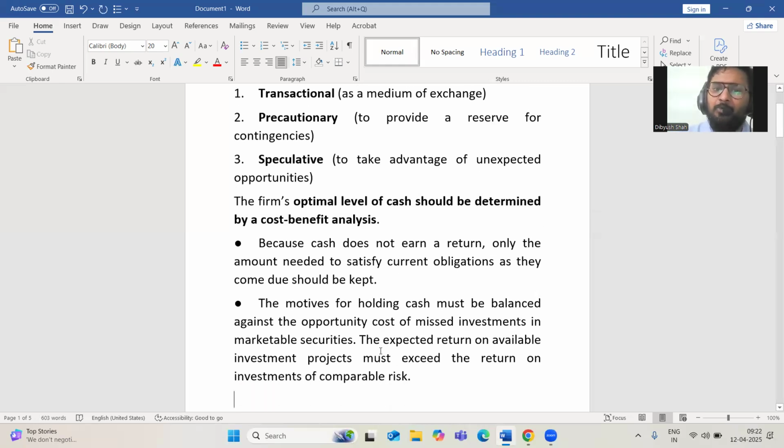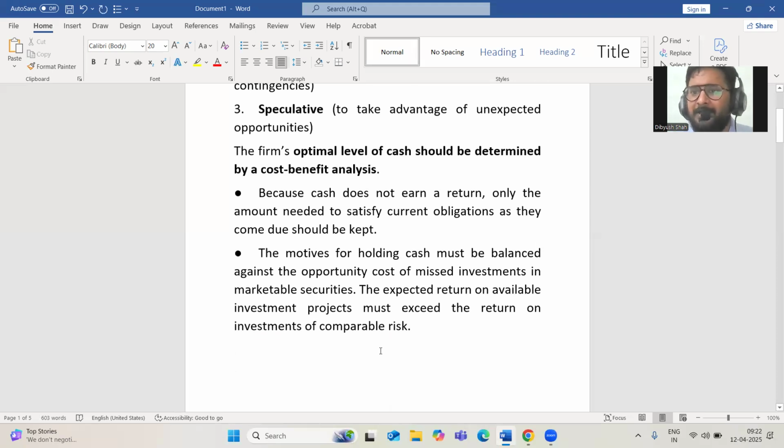And remember, whatever your motives for holding cash, that has to be compared against the opportunity cost of missed investments in marketable securities. Because you are holding cash, you are not able to invest your money in short-term marketable securities, which give some interest. So there is an opportunity cost involved.